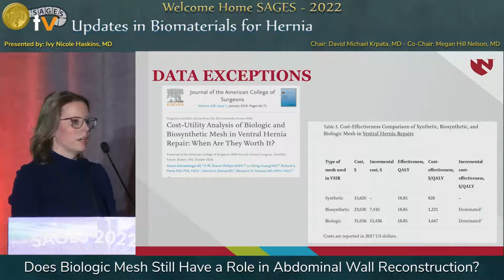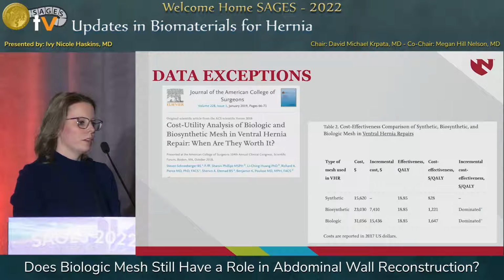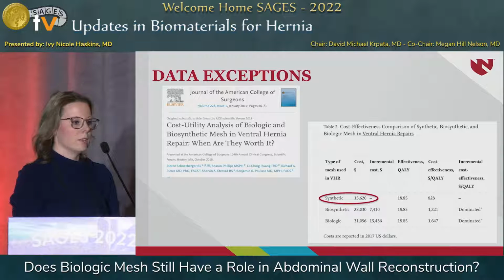So he looked at the current costs of ventral hernia repairs with synthetic mesh, biosynthetic, and biologic. And what he found is that the cost for a ventral hernia repair with synthetic mesh is currently around $15,000, and the cost for a ventral hernia repair with biologic mesh is currently $31,000, so about double the cost of a ventral hernia repair with synthetic mesh.